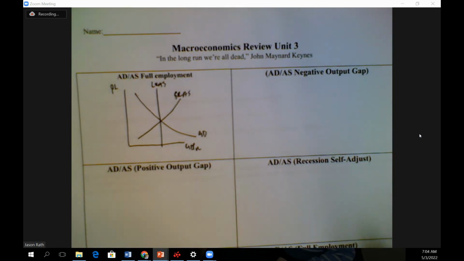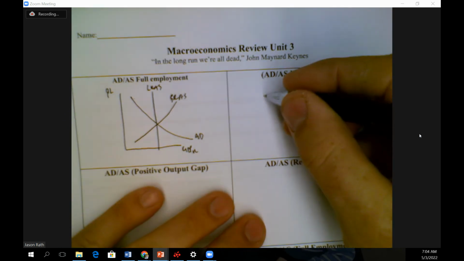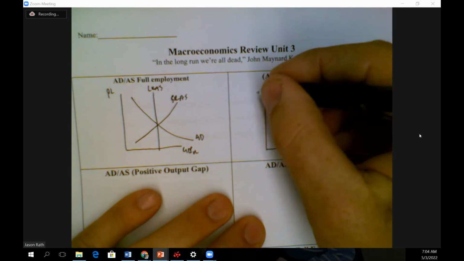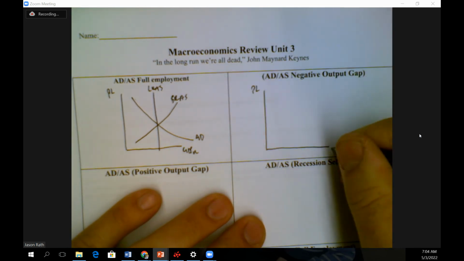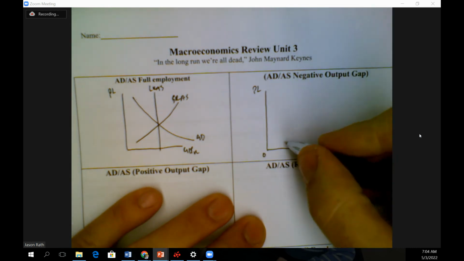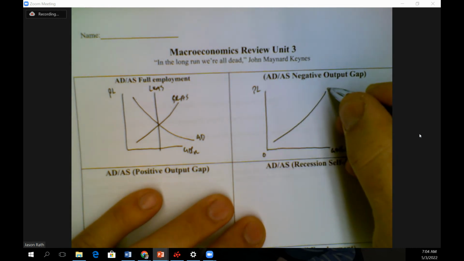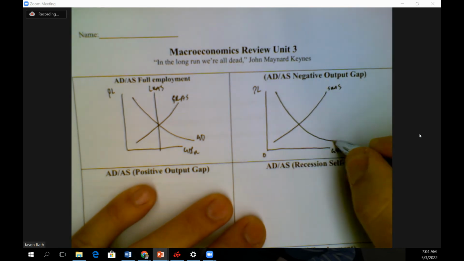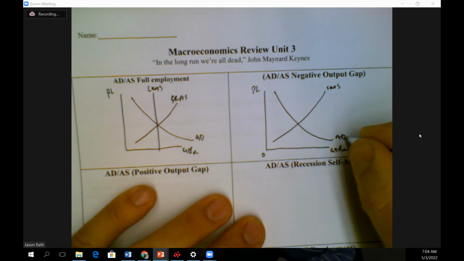And do you remember the negative output gap? Let's do that together. All right, buddy. So can you tell me where's negative output gap? What do I do? Demand shift left?